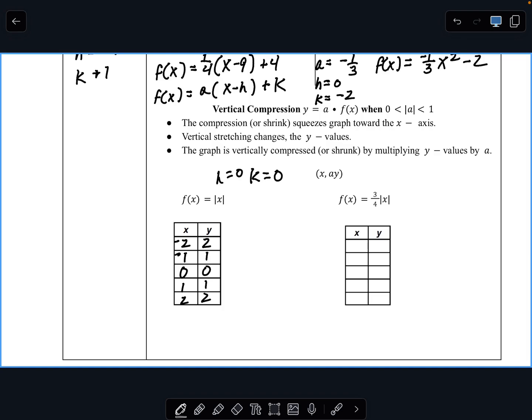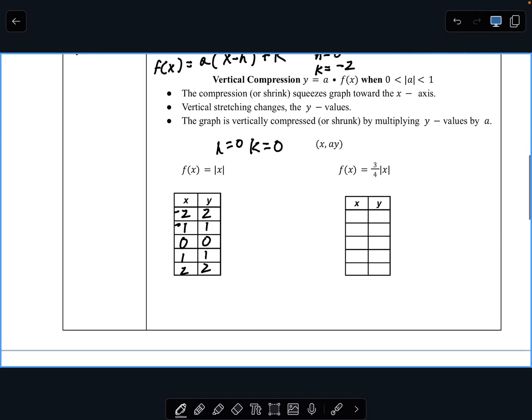Okay. Well, what is my h and k in this one? Well, again, they are 0. I'm going to start with 0 and 0. I'm going to do my negative 1, my negative 2, my 1 and 2. And this time, this is my function rule. So what happens when I put 1 in here? Well, this is going to be 7.5. Same with here. What happens when I put 2 in here?